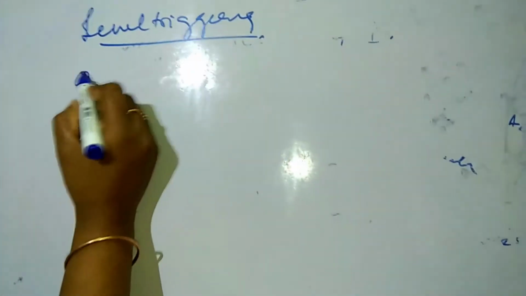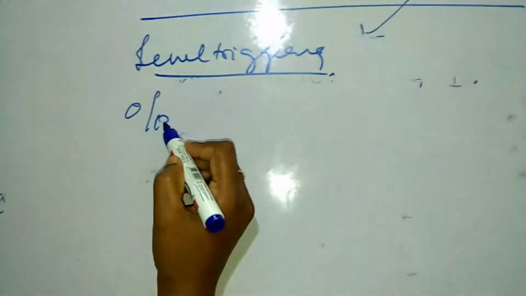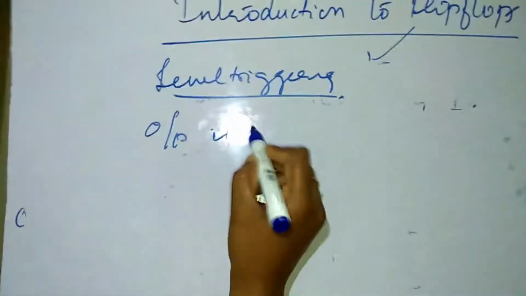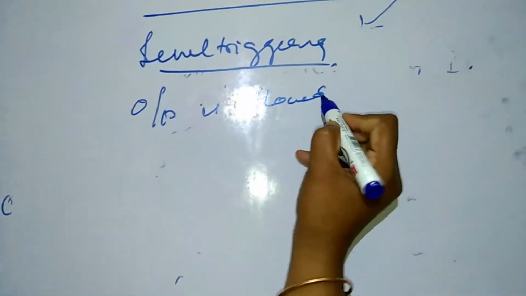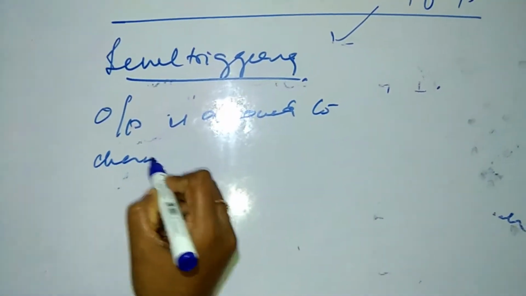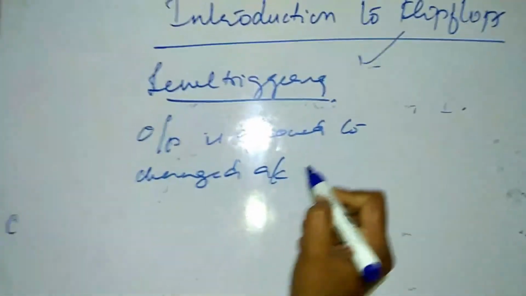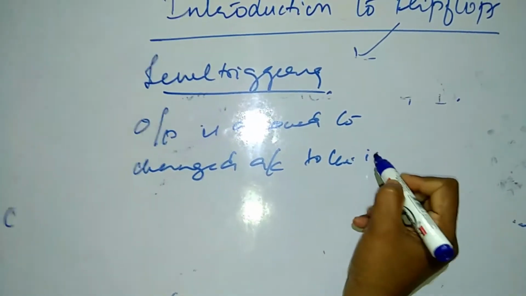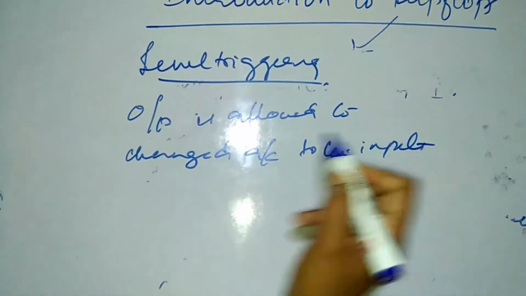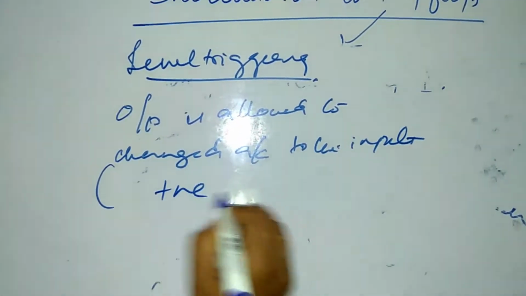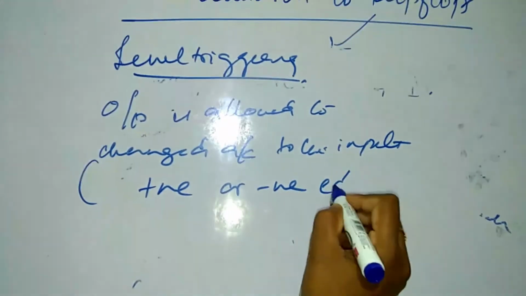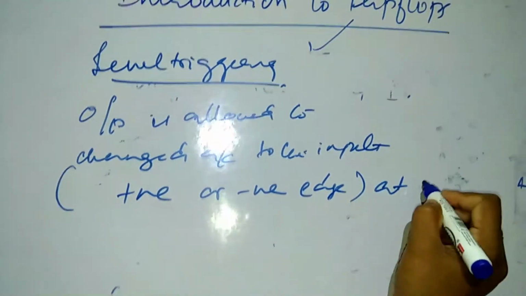So in level triggering, the output is allowed to change according to the inputs, either positive or negative edge maintained at the enable input.